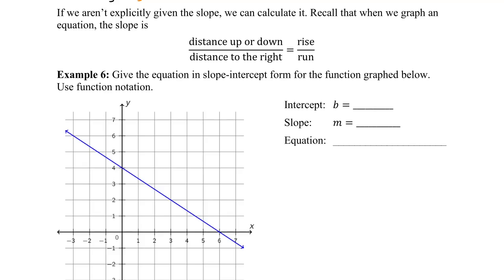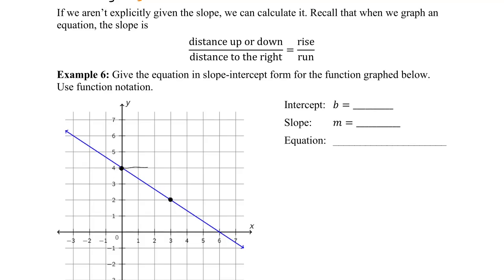Well, we can work backwards from a graph to an equation by saying, to find the slope, we pick 2 points, say these two. We can pick any 2 points as long as they're points that we can read nicely.